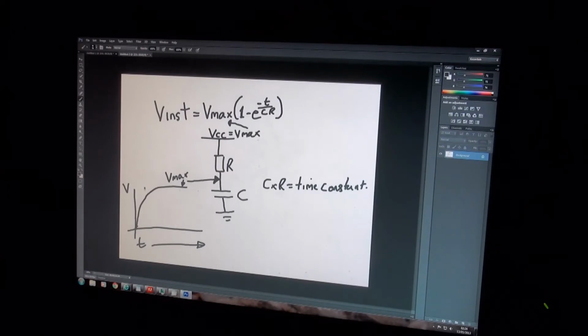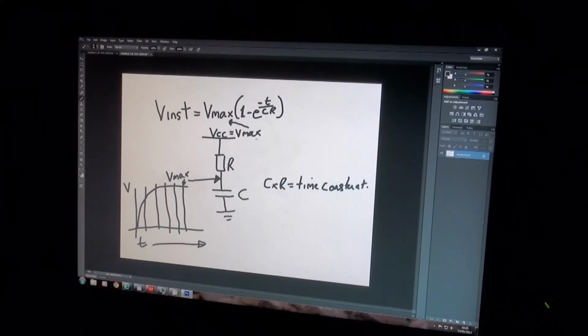It takes 5 time constants for our circuit to fully charge. There, 5 time constants. Forgive my drawing, it really is appalling. But after 5 time constants, the circuit's fully charged.